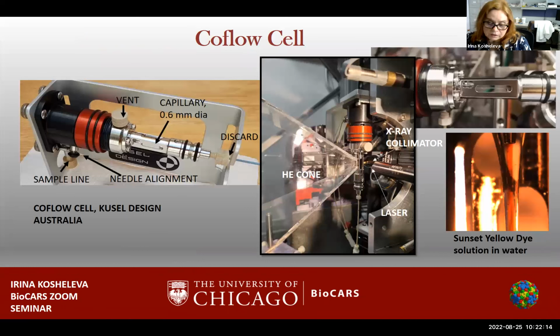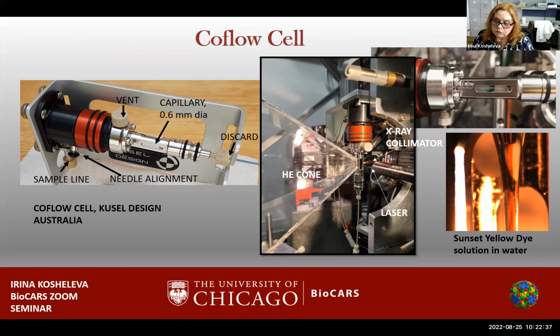Here, I would like to introduce the co-flow cell. In the co-flow cell, the central part of the cell is occupied by the sample, and the outer part is occupied by the sheath stream.